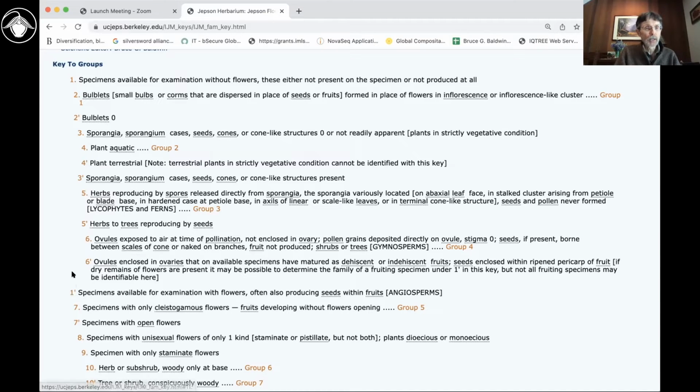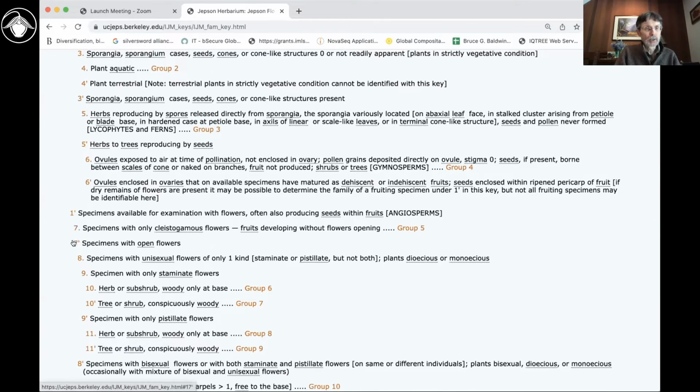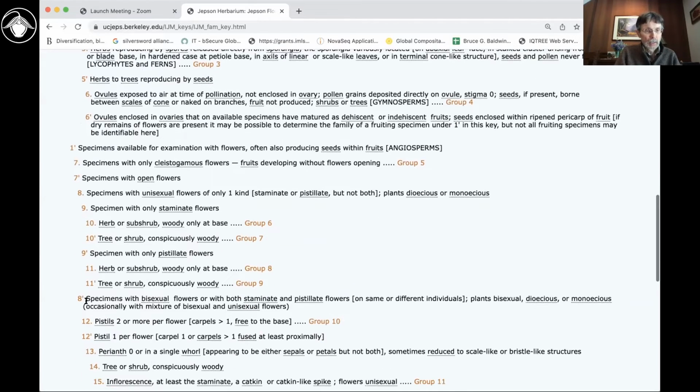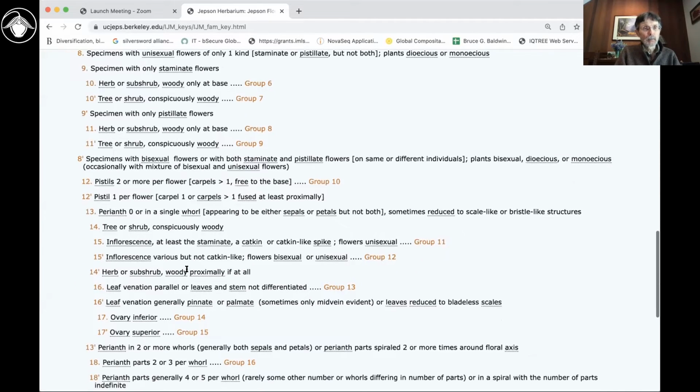If we choose 1 prime, then we would then go to 7 versus 7 prime. If we choose 7 prime, we go to 8 versus 8 prime here, and so forth. If we eventually go to 12 versus 12 prime, we choose 12, we get to group 10.